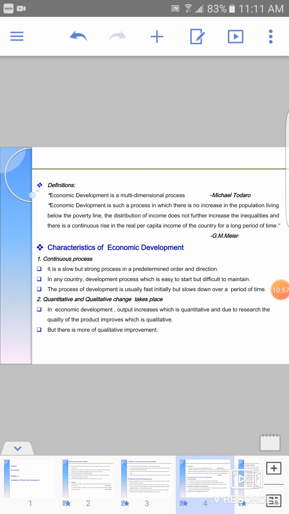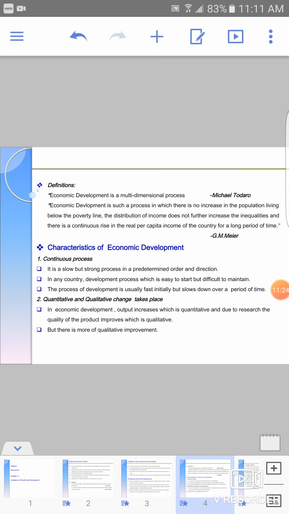Secondly, quantitative and qualitative change takes place. In economic development, output increases, which is quantitative, and due to research the quality of the product improves, which is qualitative. As we all know, there is an increase in output in economic development, that is economic growth basically.